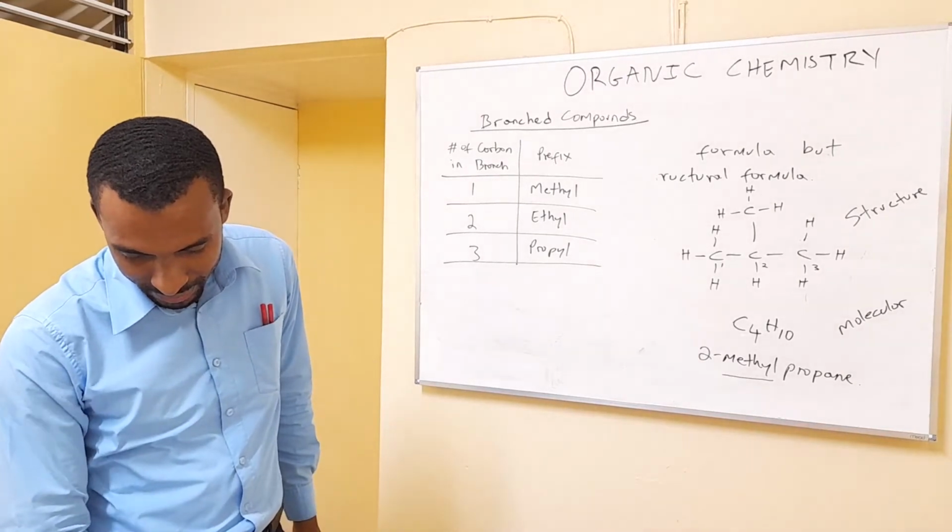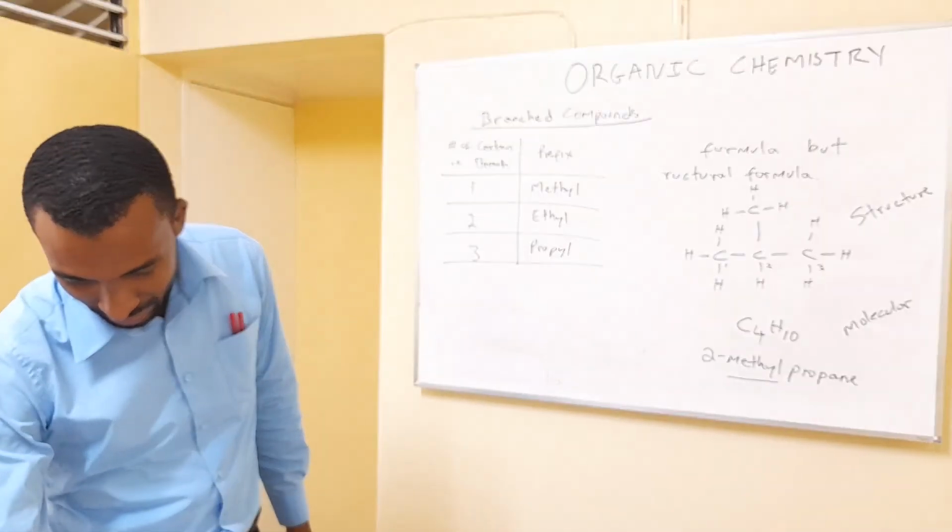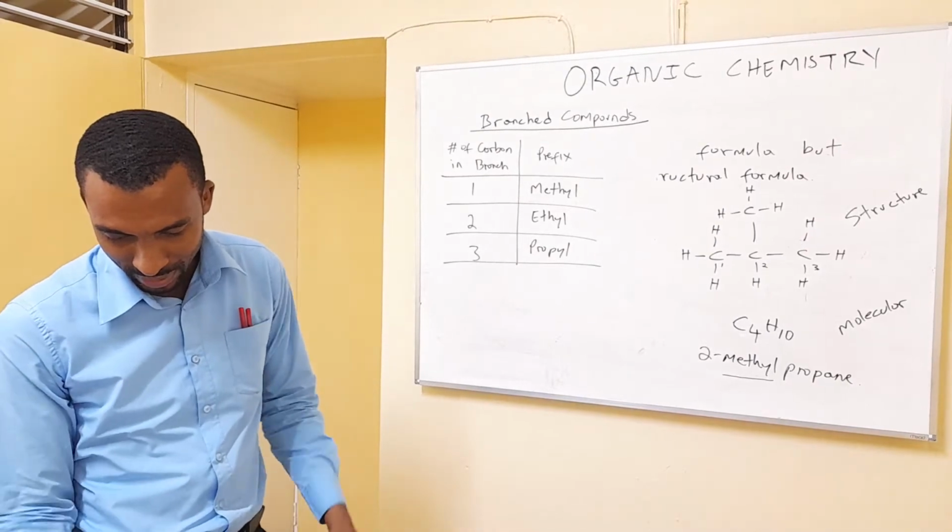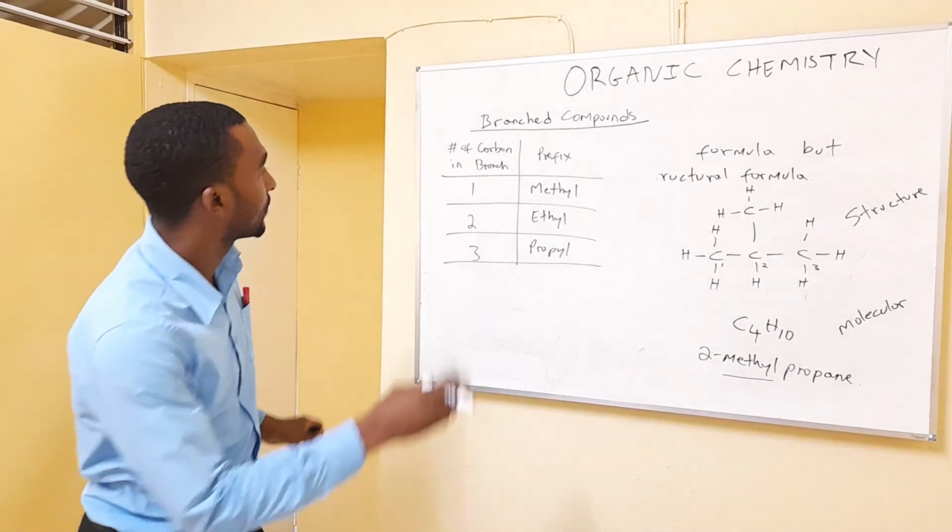The first part gives the number of carbon atoms to which the alkyl group, in bracket the side chain, is attached.